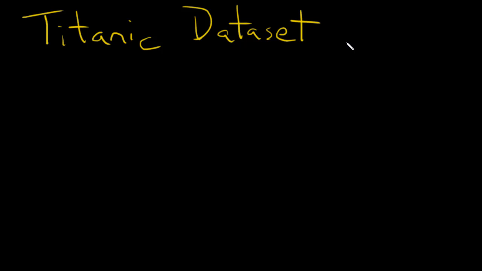The first thing that I want to do is talk a little bit about what the data set looks like. I am going to mention that this data set has been cleaned by me already. The original data set was a little bit messy.